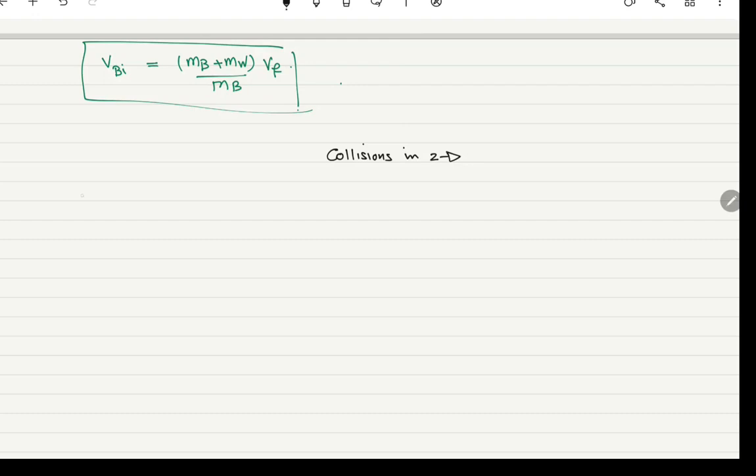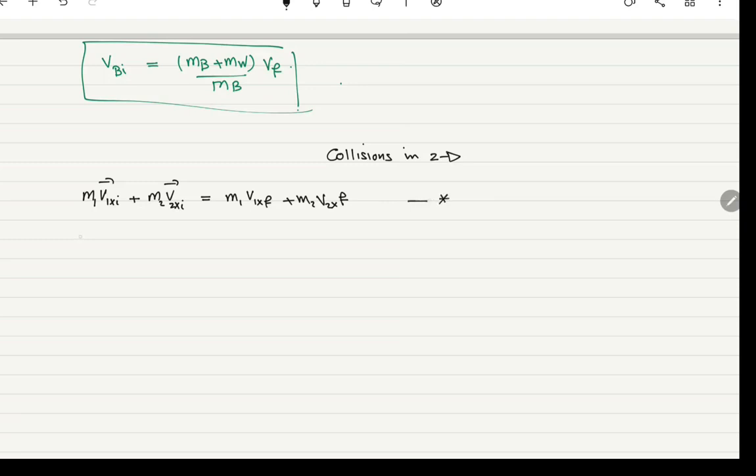Or in other words, m1 v1x initial plus m2 v2x initial equal to m1 v1x final plus m2 v2x final, and this is the first one.